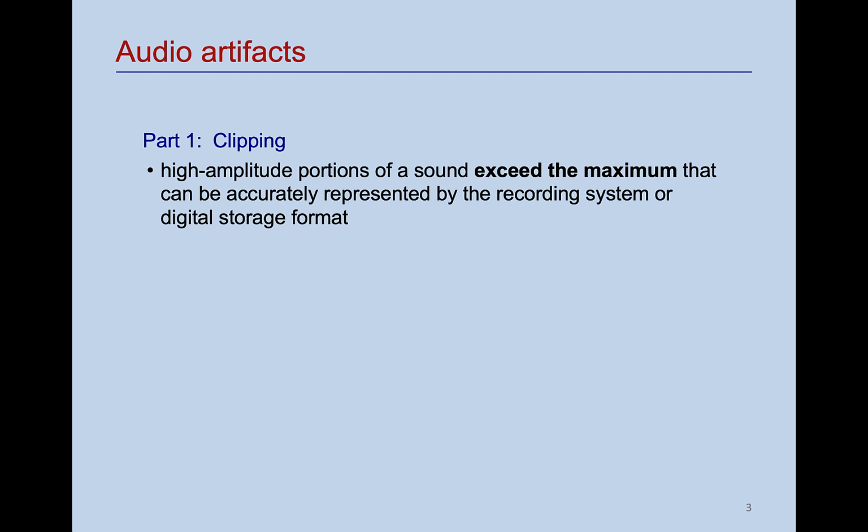Clipping is not uncommon in field recordings. If you work extensively with field recordings, you're quite likely to sooner or later end up working with some recordings that are clipped. In the next video, we'll talk about a less common type of artifact called aliasing.